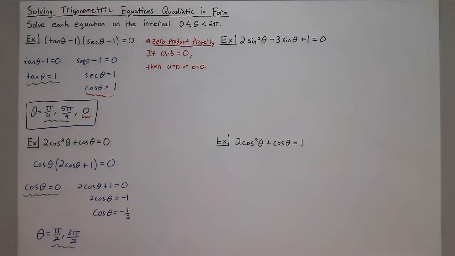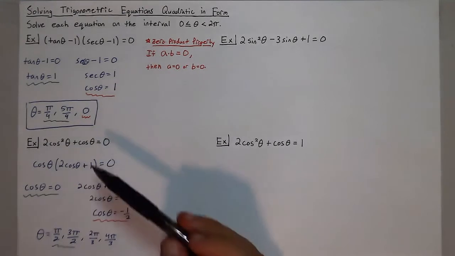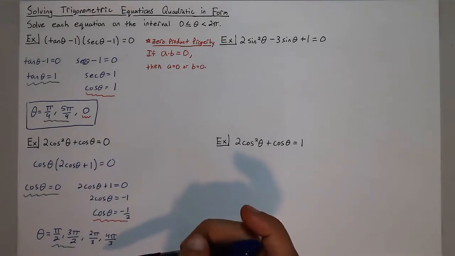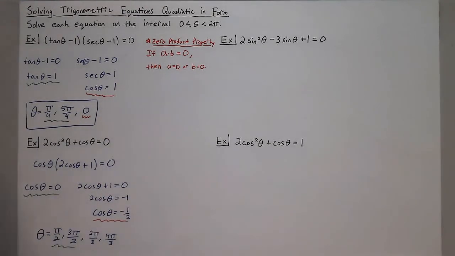And for the right equation, I will have two solutions as well, because cosine of theta is equal to negative 1/2 at 2 pi over 3 and at 4 pi over 3. You'll see that's just left of the x-axis. It's the uppermost angle in the second quadrant and the lowermost angle in the third quadrant. So we get these four solutions to our equation. These are the angles that are on the unit circle as indicated by our domain.